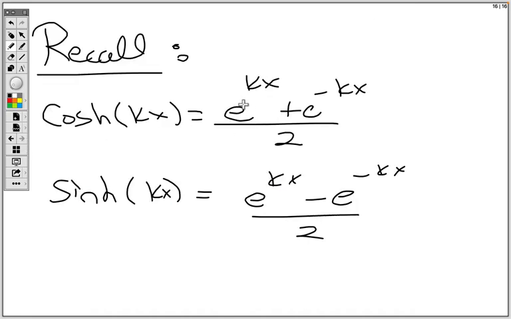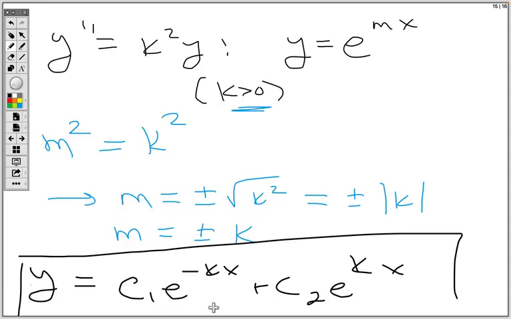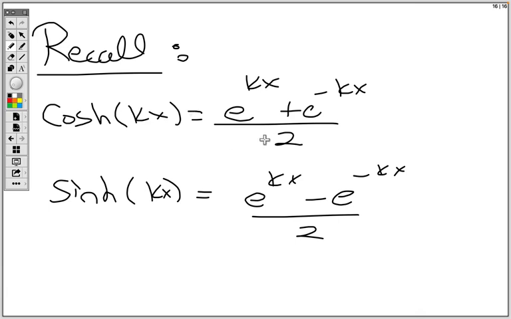You can actually solve these equations for e to the kx and e to the minus kx. And you can rewrite a linear combination of these functions as linear combinations of cosh and sinh.